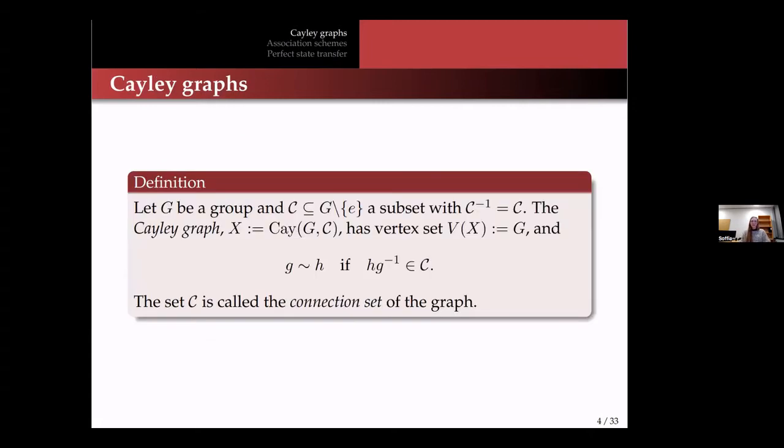So let's start with Cayley graphs. We have a group G, and we take a subset C of this group that does not contain the identity, and we're going to assume that this subset is inverse closed.